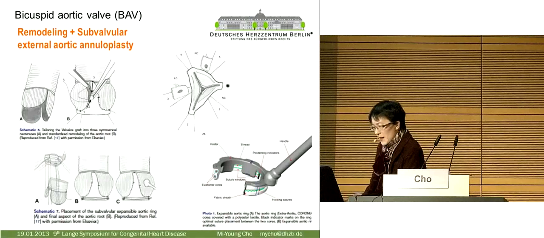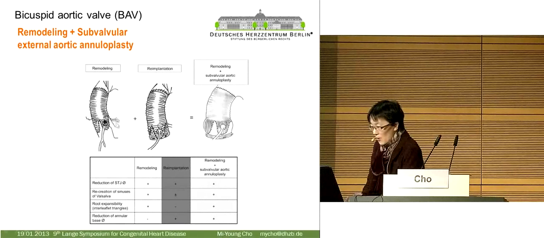So what's the benefit of this, and what's the difference between the David operation and this remodeling and subvalvular annuloplasty? So if you look at the remodeling, what Yacoub did, you just kind of replace the aorta with the tube above the sinotubular junction and of the sinus of Valsalva.